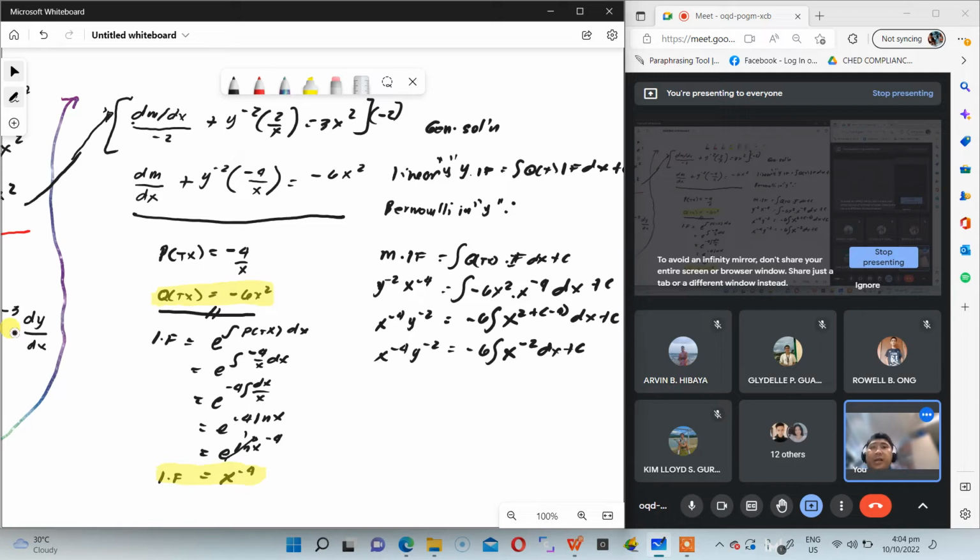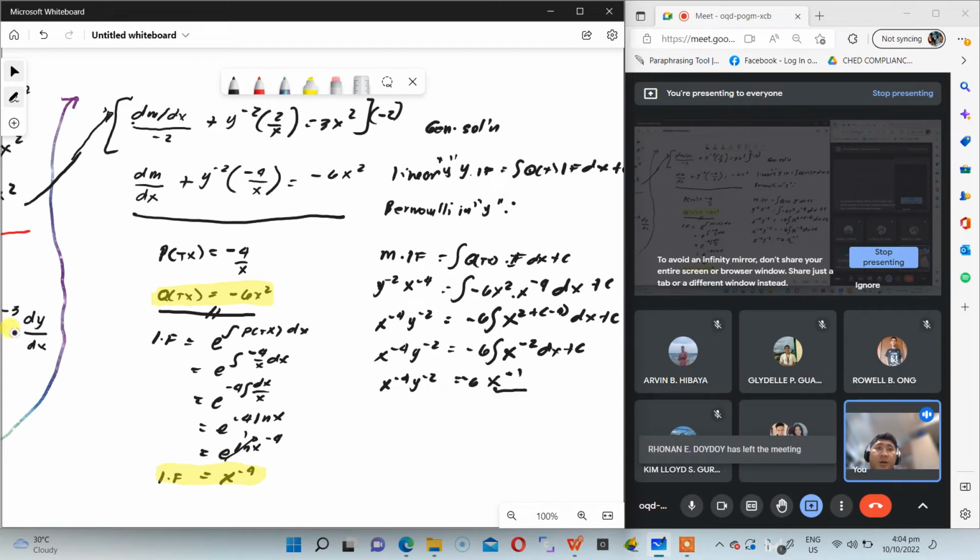So, we could integrate this now. It's just the power rule. Negative 4 y negative 2 equals negative 6 times x raised to the power of negative, no, that is not negative 3, because it is plus 1, so negative 1. Right? Negative 2 plus 1 is negative 1.